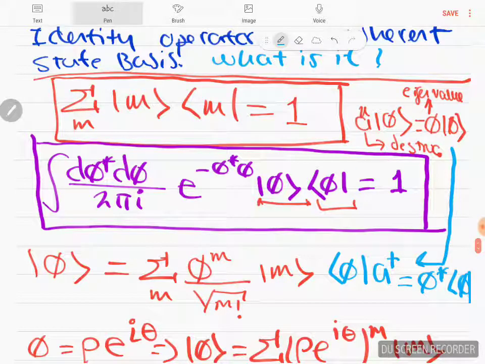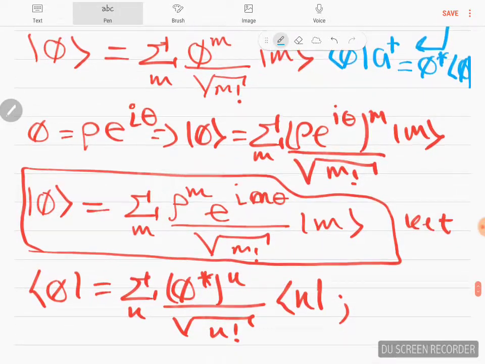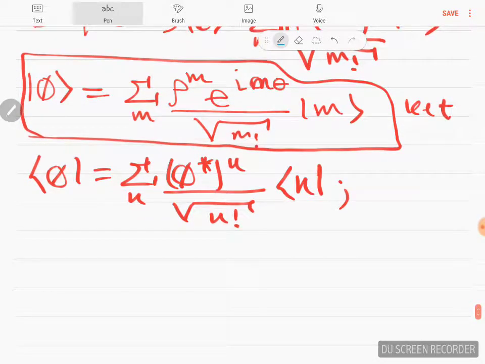So then we can identify this phi star as the eigenvalue of a creation operator applied on a bra coherent state.